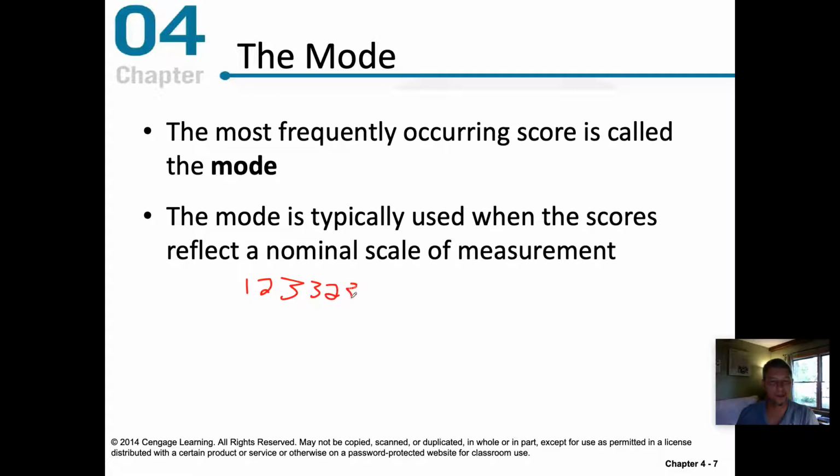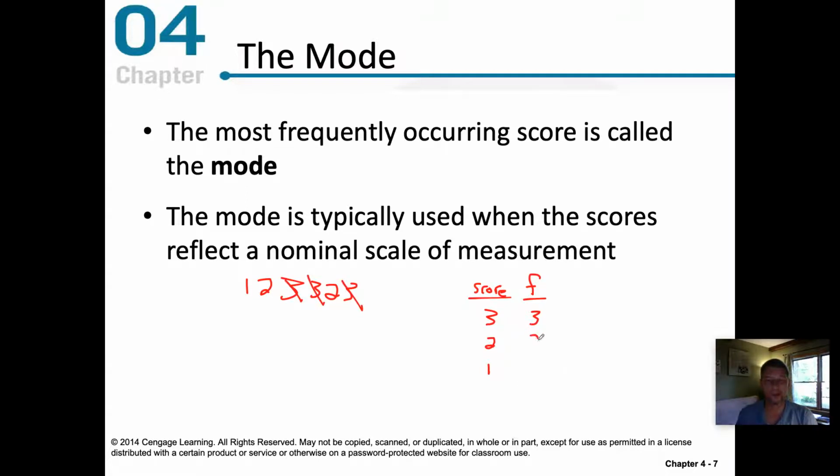All right, so if this is my data set, what I could do is build myself a frequency table. And so I'd have scores of 3, scores of 2, scores of 1. Now the frequency, just to keep this simple, the frequency of 3 was 3 because it appeared 1, 2, 3 times.